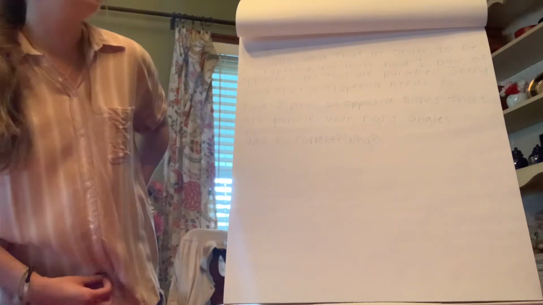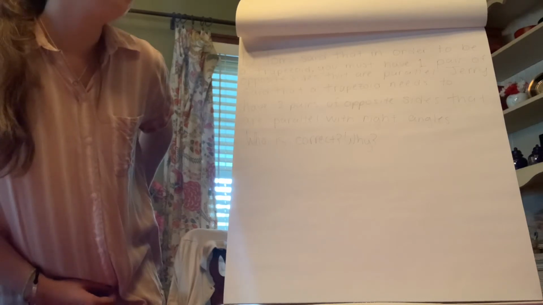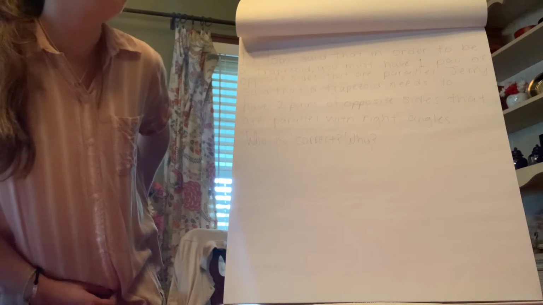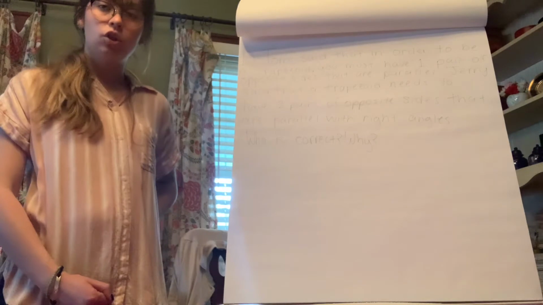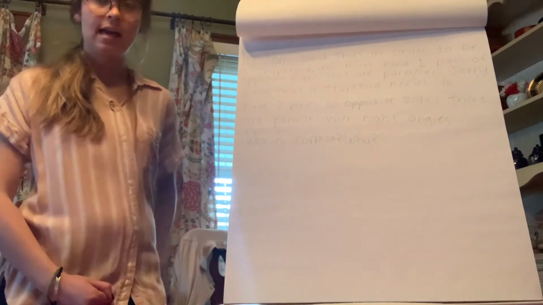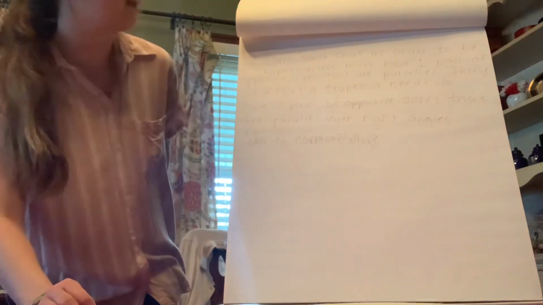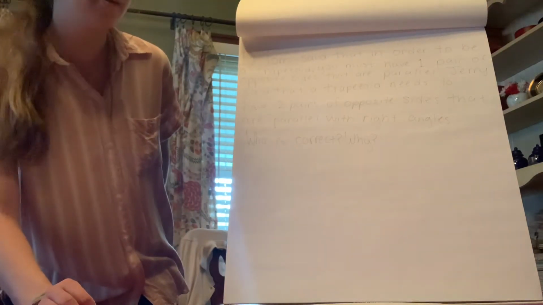We see here that Tom said a trapezoid has one pair of opposite sides that are parallel, and Jerry says that it has two pairs of opposite sides that are parallel with right angles. Students will be able to look at their shapes. I'm going to first find the shape that Tom described.